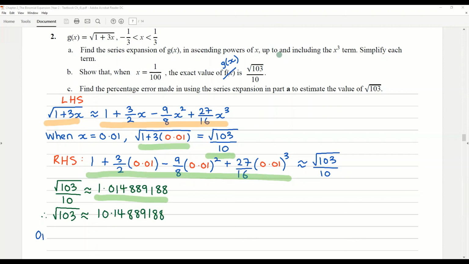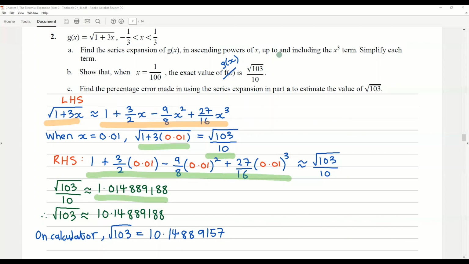So on the calculator, the square root of 103 is equal to 10.14889157. Now, immediately you can see this is an excellent approximation. But how close is it? I mean, what is the percentage error?